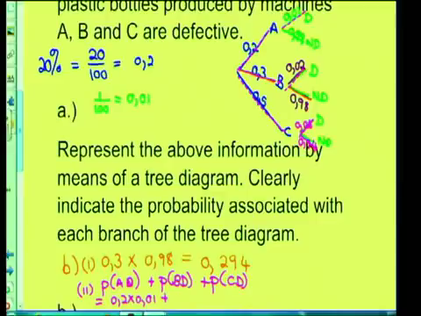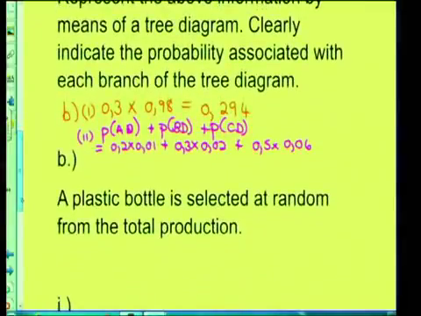Added to the probability of B, which is 0,3 times defective 0,02. And then the probability of C is 0,5 times the probability of it being defective, which is 0,06. Okay, so now we're going to work this out.